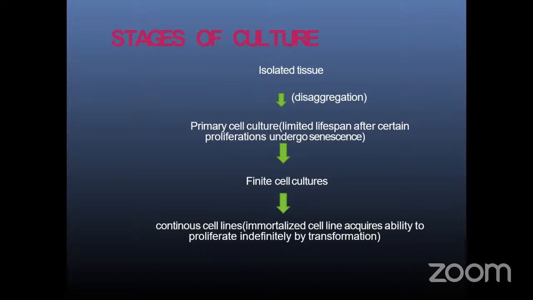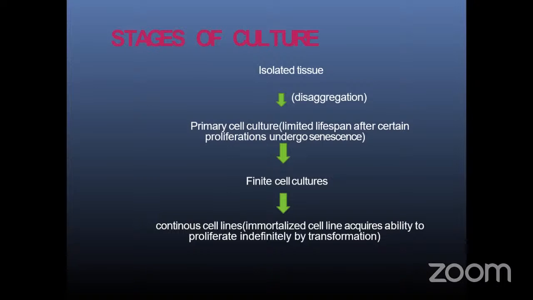Once the primary culture has happened, they will convert into finite cell cultures. Once you culture them many times, there will be some changes and they will become finite cell cultures. Then finally they will undergo transformation, and they are called transformed cells. That means some changes in the cells take place and they become continuous cell lines.